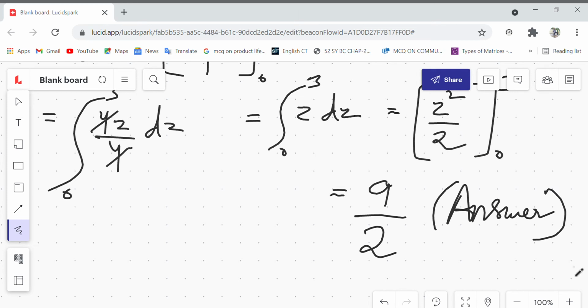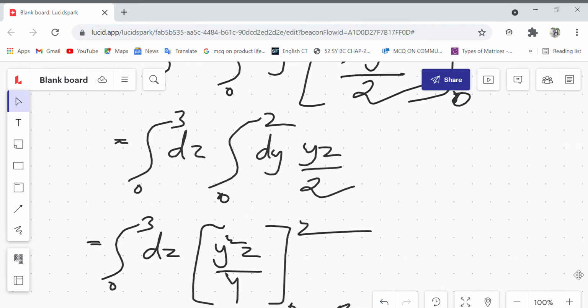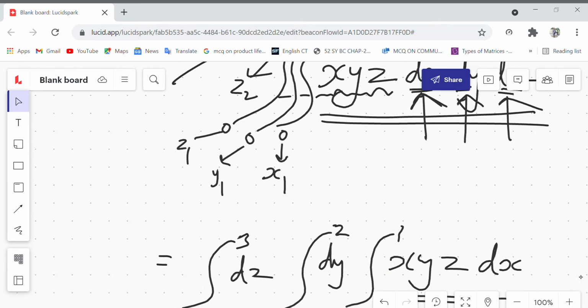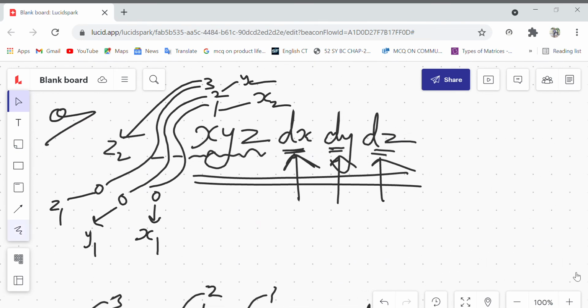Understood? So let me again do a recap. We'll move to a question. So first, when we encounter this kind of question, our eye will be on this part, but this is simple to find. We have to deal with this, this and this.